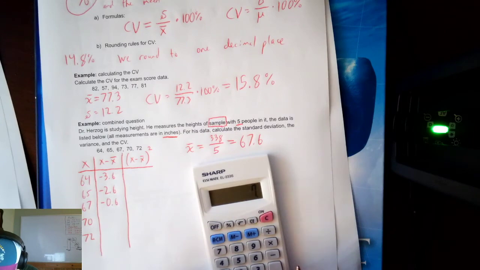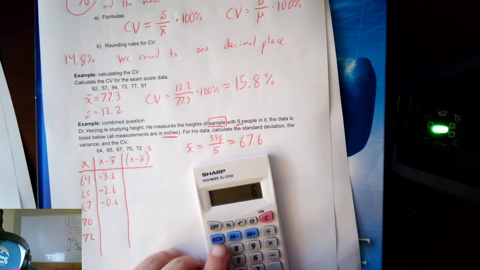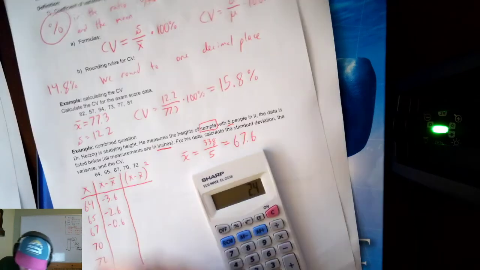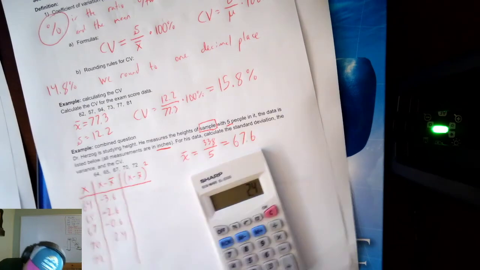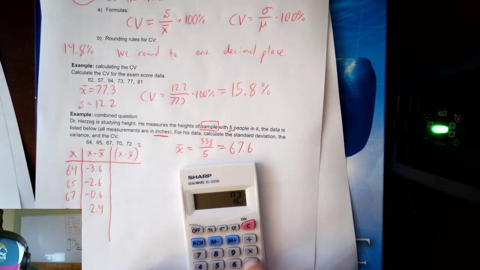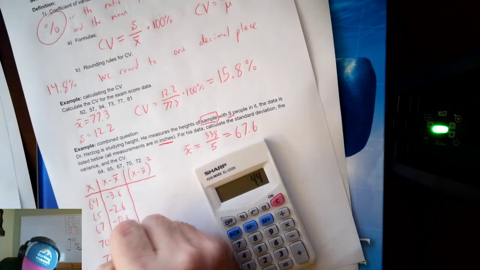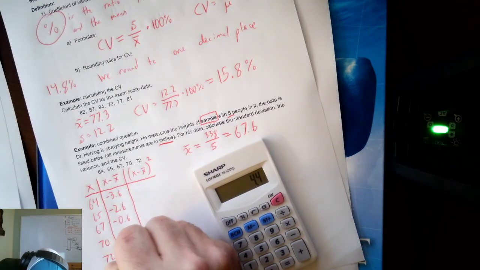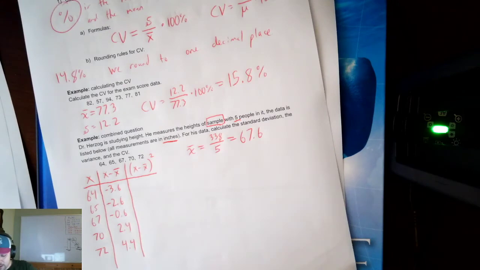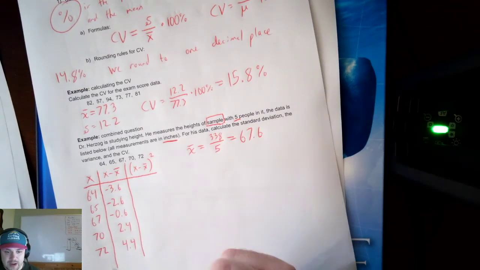And then I'll do 70 minus 67.6, which gives me 2.4. And then lastly, I'll do 72 minus 67.6, which gives me 4.4. So, I get my middle column by subtracting.